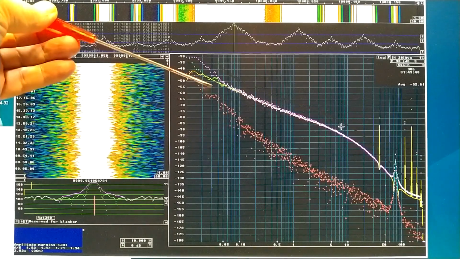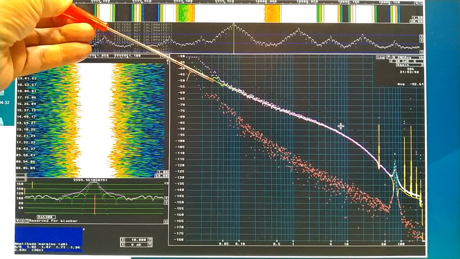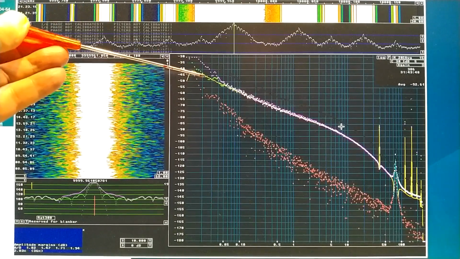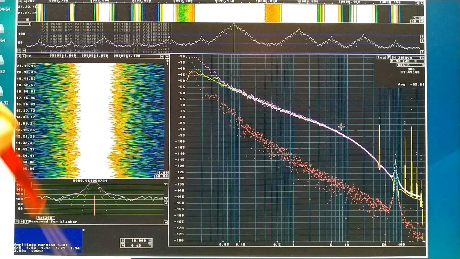This suggests that the phase noise goes like this for the rubidium oscillator, while the crystal oscillator starts to go up here at 0.01 Hertz.